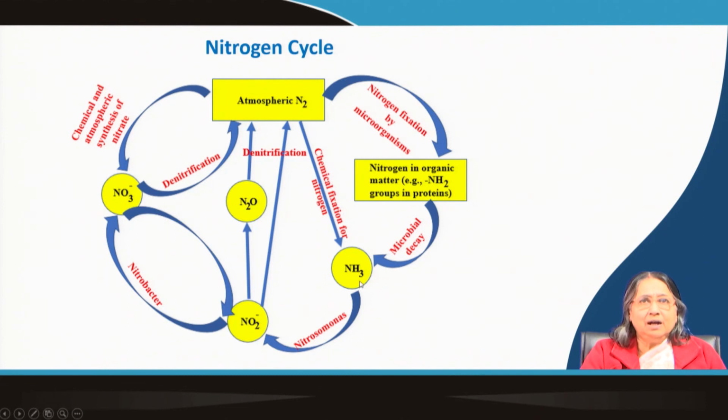From ammonia or ammonium ion it can form nitrites, like I told already, by Nitrosomonas bacteria, and finally by the Nitrobacter group of bacteria it can form the nitrate.